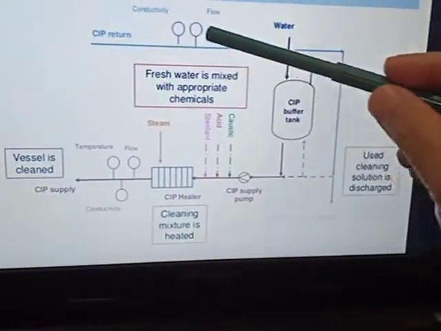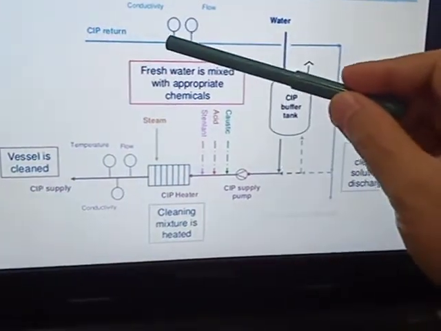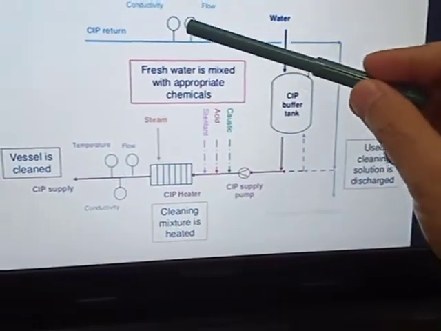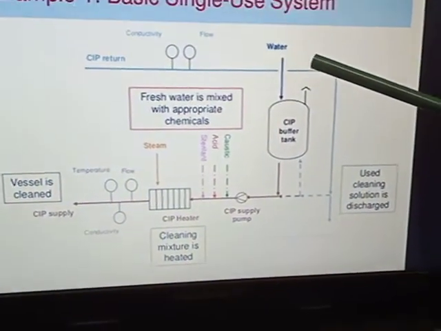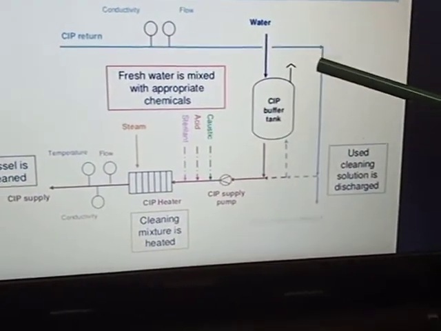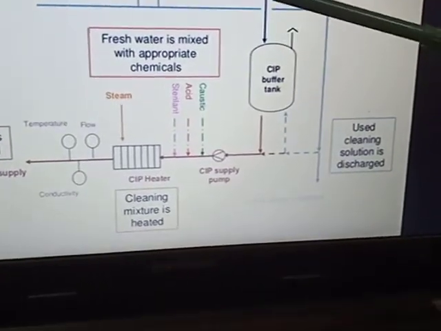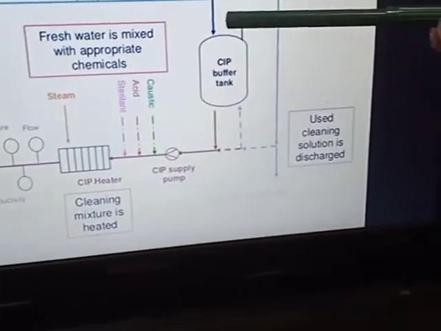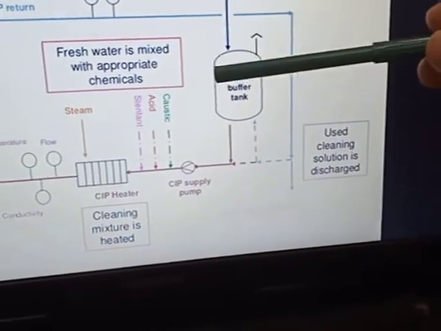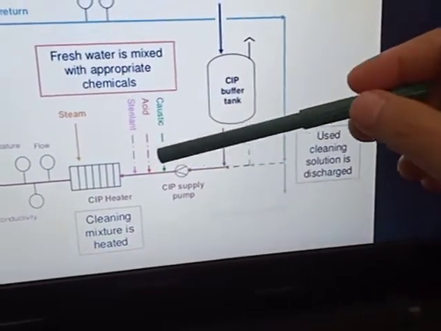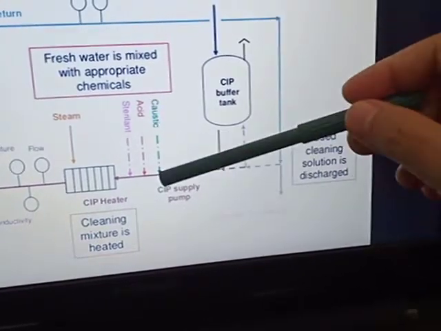You have the CIP return line. This is a conductivity meter, and then you have a flow meter to control the process. It will be mixed with water, and then you have this buffer tank containing the solution, and the solution will be pumped. So you have the CIP supply pump.